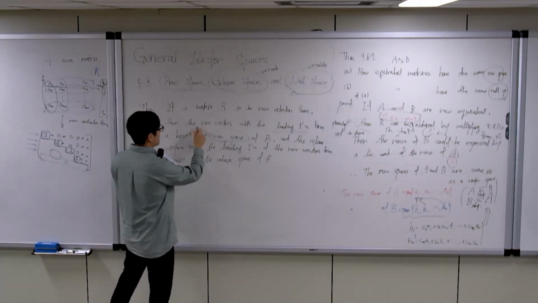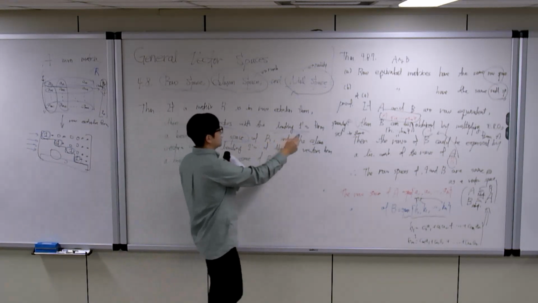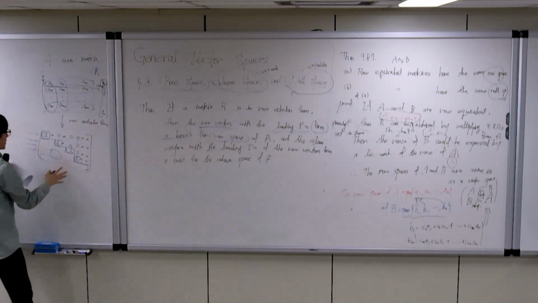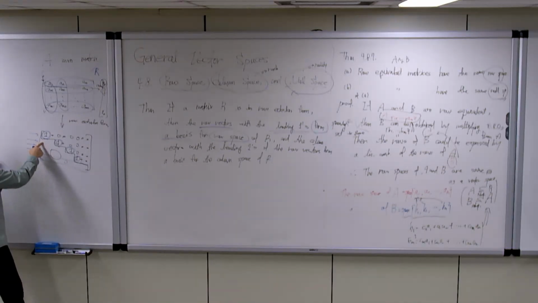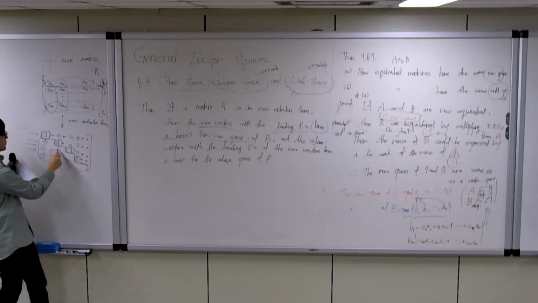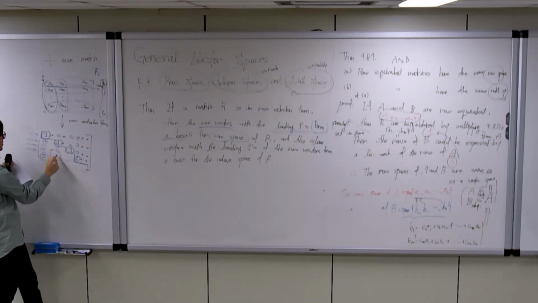It also forms a basis of the row space, because under a leading 1 it does not have any nonzero entries. Its entries are 0, and that means it is linearly independent of the other row vectors, and so on.